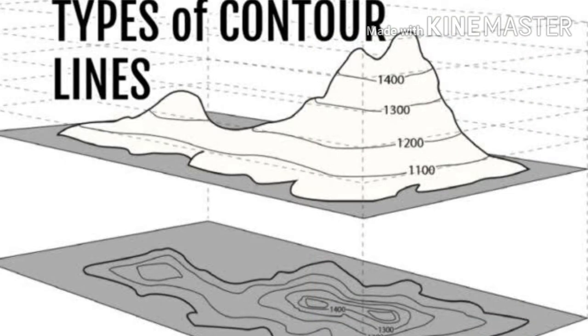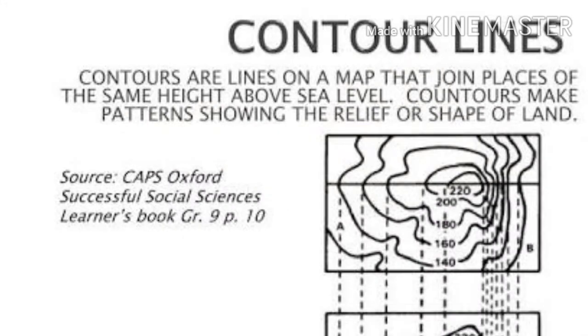For that purpose we are using contour lines. Contour lines can show the height or depth of places. Suppose valleys, plateaus, hills, rocky areas, these all can be shown by contour lines. These lines are also called isolines.